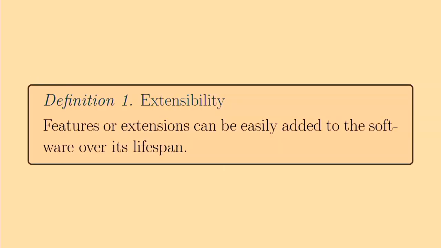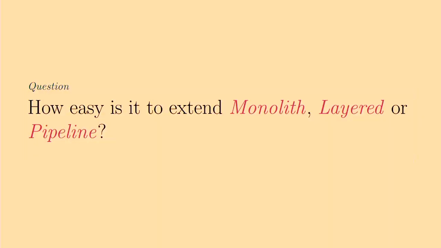Now we're going to consider extensibility. Extensibility is all about software that's easy to add new features to over time. And particularly monoliths are famous for the older they are, the harder they are to maintain.